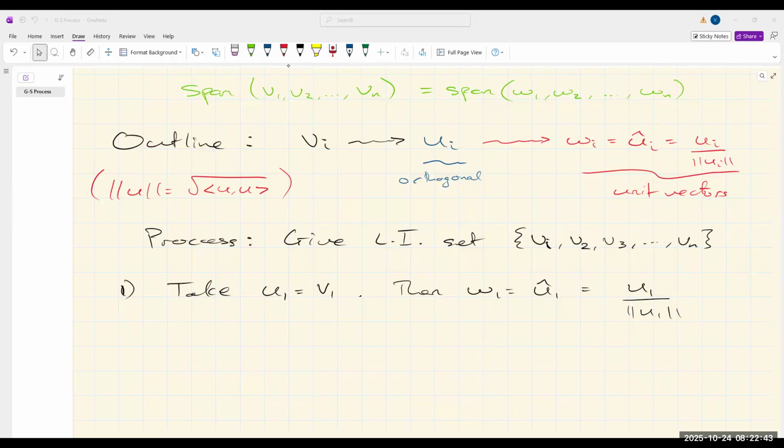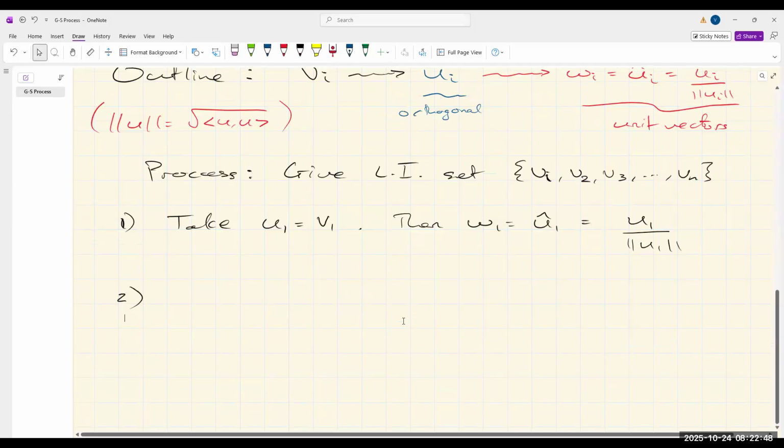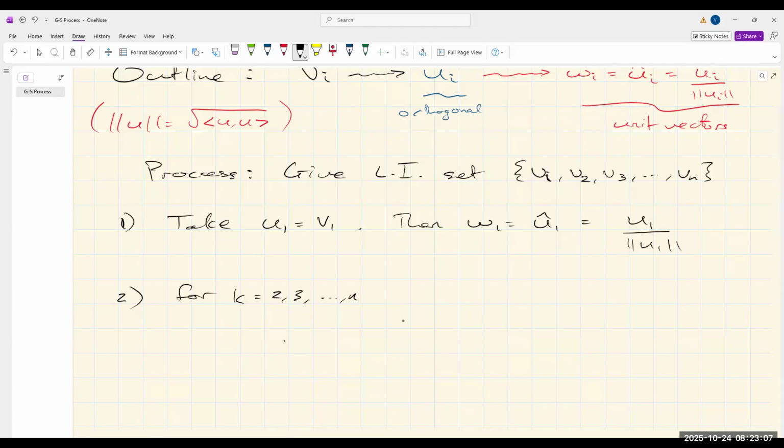Okay, so we have W1, and now for the next set of steps, we need to get U2. So for the other Uk's, it's given like this. For k equal to 2, 3, and so on up to n, you're given this complicated looking formula.